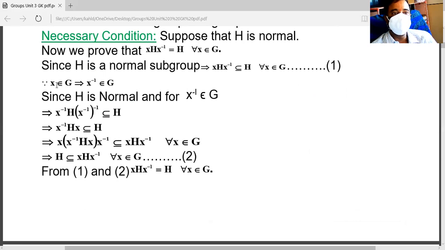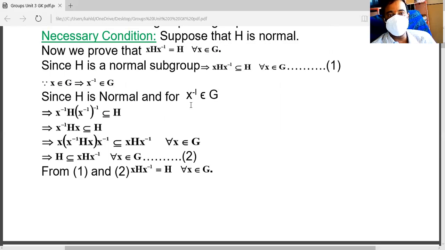For that, we know that x is in G. G is a group, so by the inverse law, x inverse is also in G. Since H is normal and x inverse belongs to G, the normality condition holds for x belonging to G. Now I am using x inverse in the place of x for the same condition.